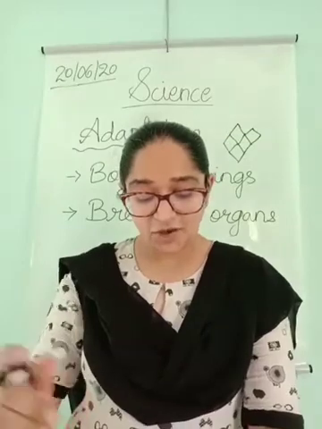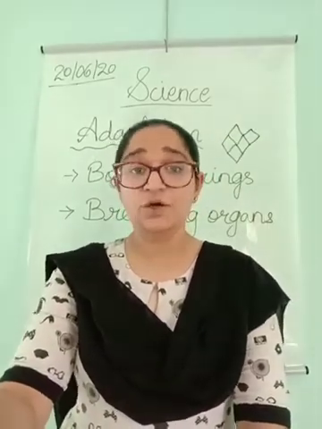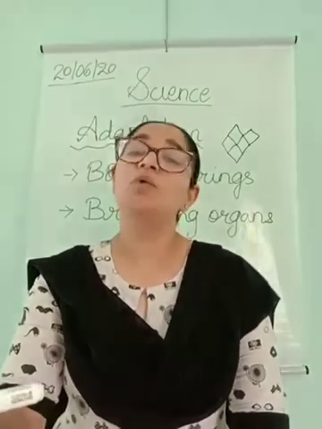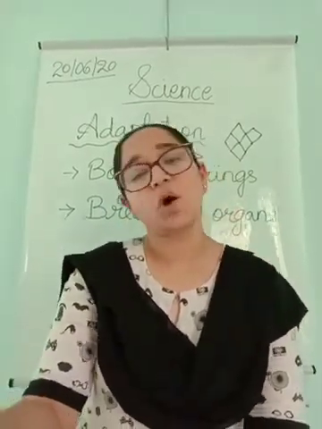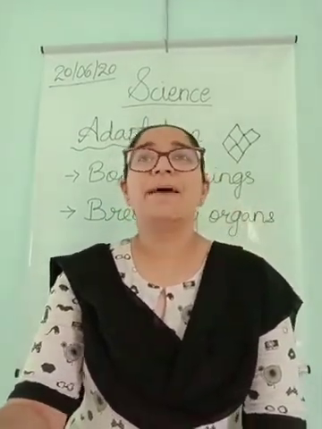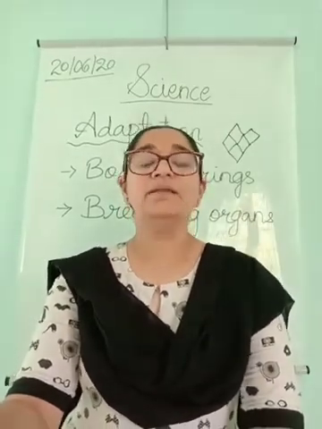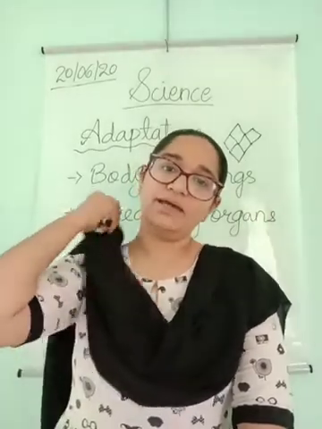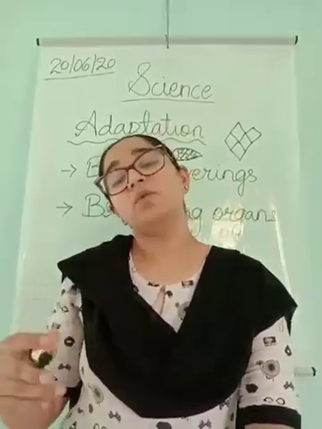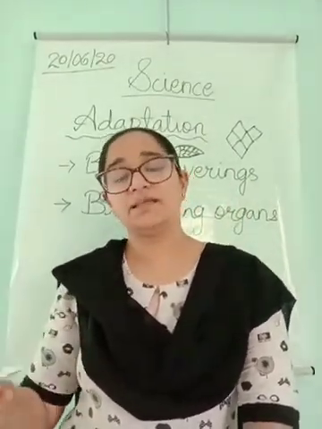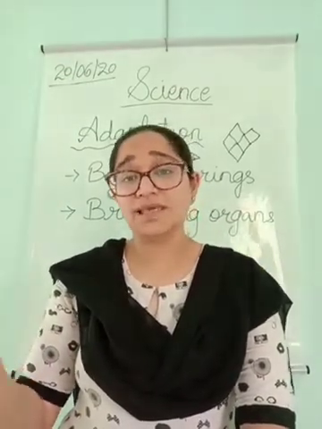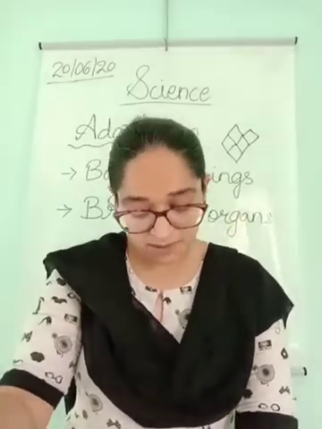Okay, so the process of shedding of old skin to replace it with new skin is called molting. It happens in snakes, wherein they just remove their skin. The whole thing is removed, and again a new one is exposed.